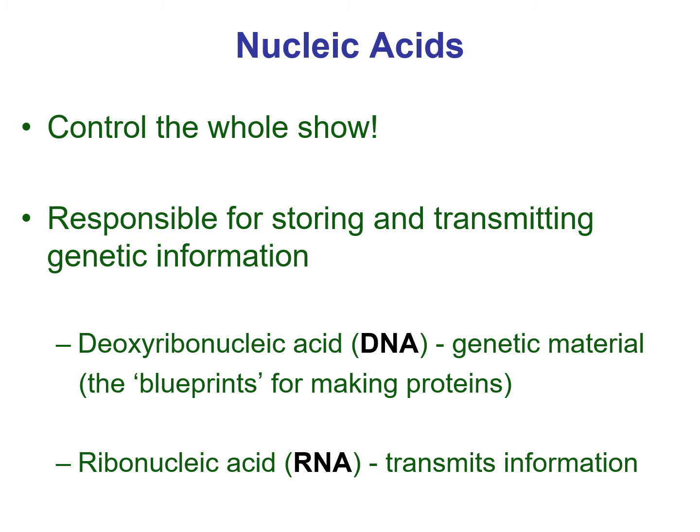And each gene is the manual for manufacturing one specific protein. So DNA is the storage device for that genetic material. These are the blueprints. Ribonucleic acid, RNA, is going to carry information from the nucleus out to the cytoplasm, out to a ribosome, where it can be decoded to make protein.